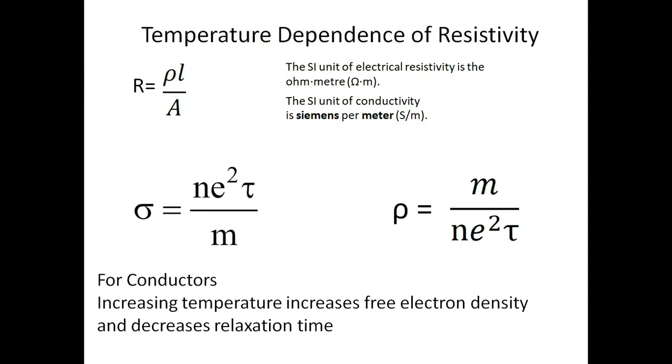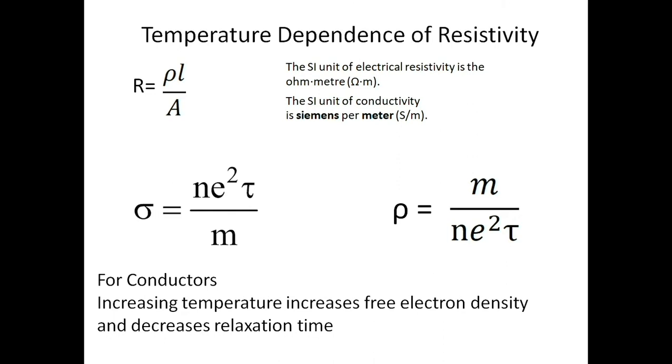So because of that reason, the increment in the value of n has less significance than the decrease in the value of relaxation time for conductors. Or in another word, the impact of decrease in the value of relaxation time is much greater than the impact of the increase in the value of n. So it is because of this reason, for conductors, increasing the temperature decreases its electrical conductivity.